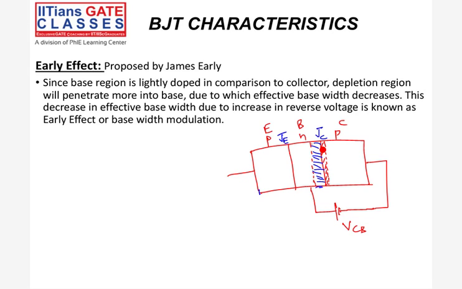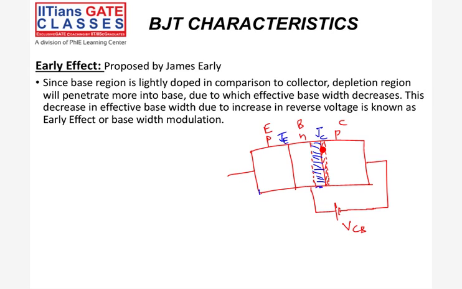So my aim will be mostly to make my transistor work in active region only, because it is mostly used there. So when transistor is in active region, JC is operated in reverse biased, and JE will be in forward biased. So JC is in reverse biased.